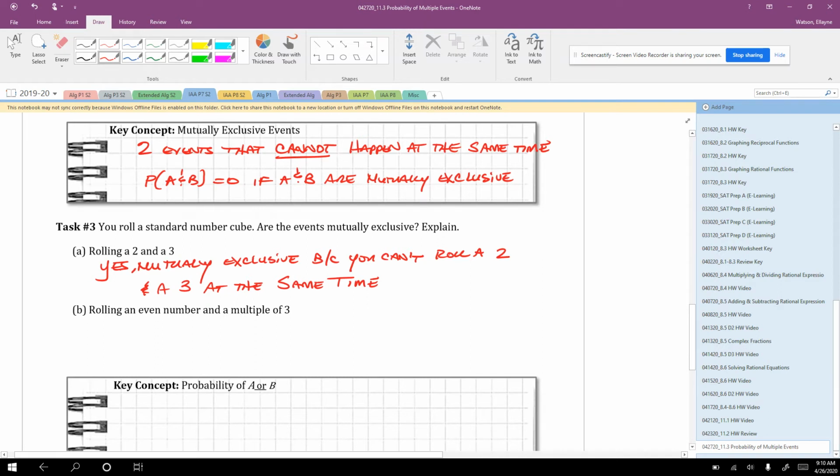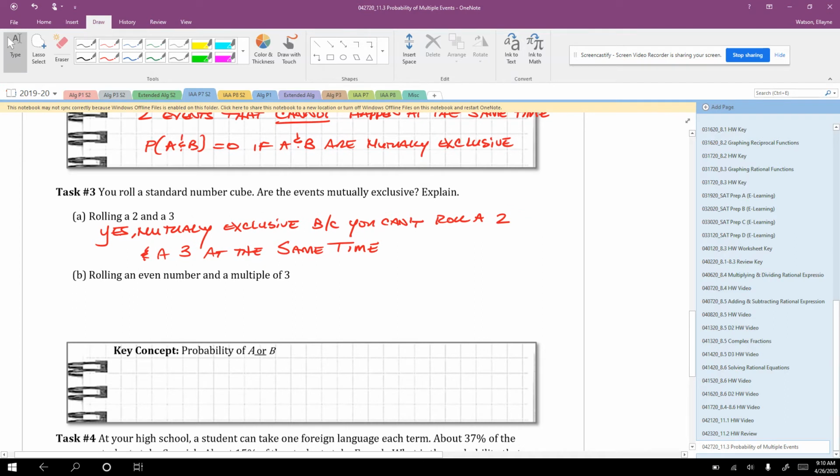Okay. All right, part B. Rolling an even number and a multiple of 3. Are these events mutually exclusive? Right? This is not mutually exclusive. Because it can happen at the same time.